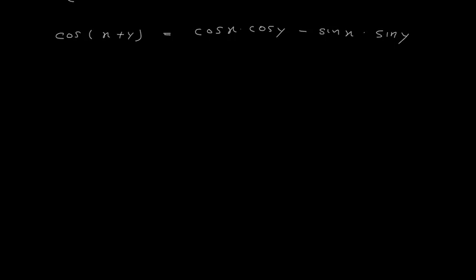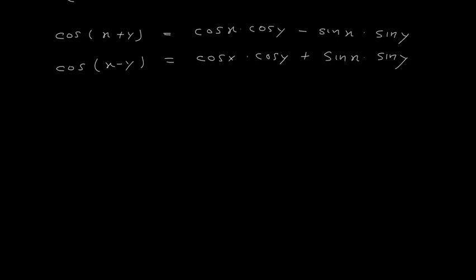First I am going to discuss all the formulas related with cos. So cos of x plus y, we have cos x cos y minus sin x sin y, and cos of x minus y, we have cos x into cos y plus sin x into sin y.